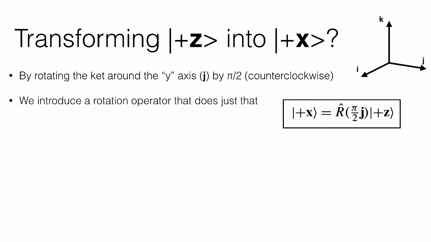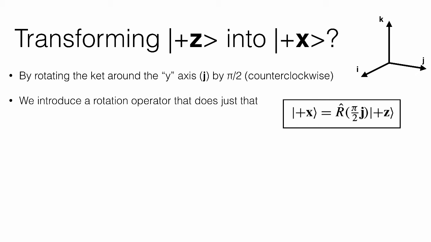So let's suppose that we are not working with classical physics at all, but that we can find such an operator that would actually rotate one state into another one. Okay? And we would call that operator R hat pi over 2 j, just like it's written on the right-hand side. So the reason why we put a hat is because it's an operator.